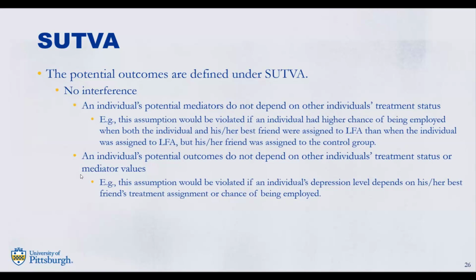The references are included at the end of the slides. But here we discussed a more common, or more widely discussed, case in which there's no interference. But you may want to keep in mind that in reality, particularly in school settings, this assumption may be violated.